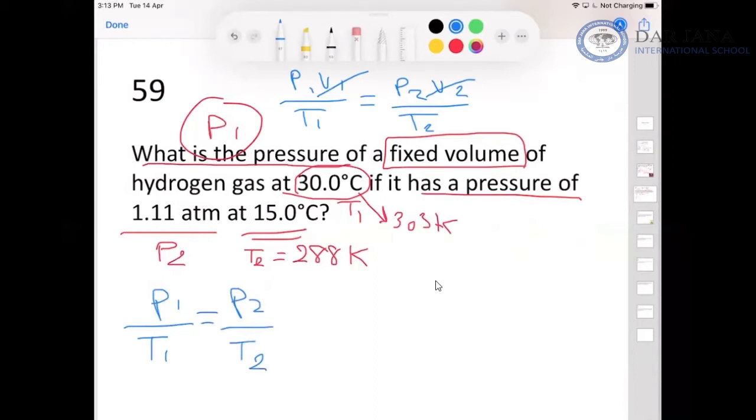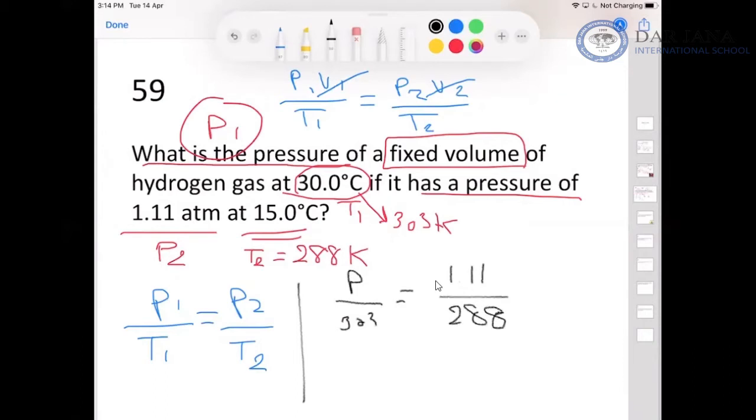Or you can figure it out from the beginning that it's only pressure and temperature relation, so it's P1 over T1 equals P2 over T2. And now to solve the exercise, you are just going to substitute the values in this formula. So P1 is the unknown, this is your X or your P, and then T1 is 303 equals P2 1.11 over T2.